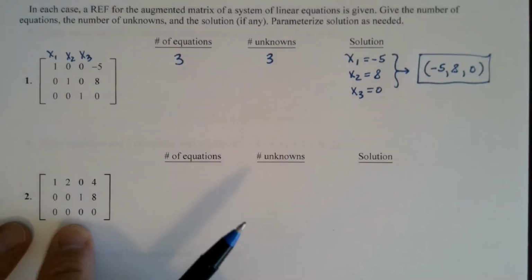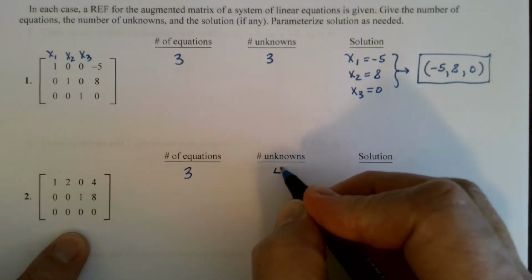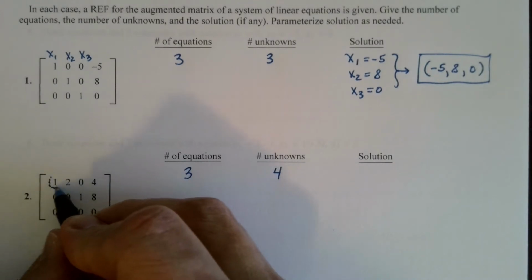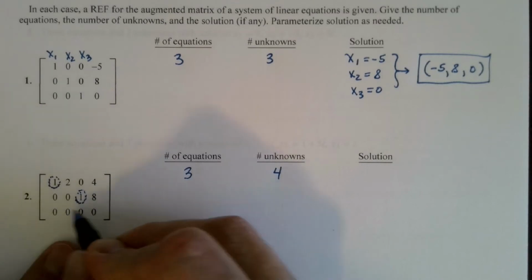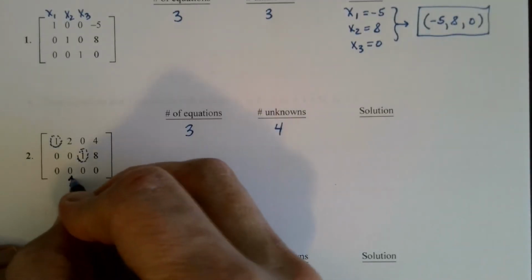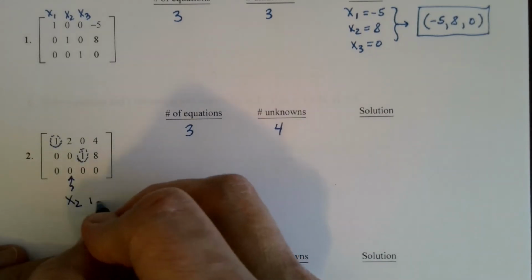This situation has the same size. I have 3 rows and 4 columns, so I still have 3 equations and still 3 unknowns. This time, notice the row echelon form. I have a leading one in row 1 and row 2, but I don't have a leading one here. Notice the middle variable, x sub 1, x sub 2, x sub 3, so x sub 2 is free.